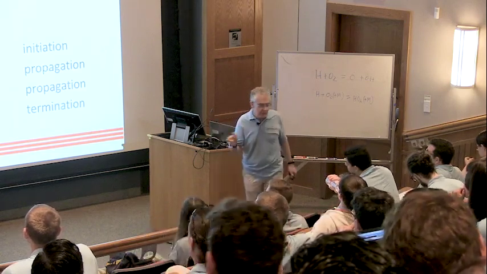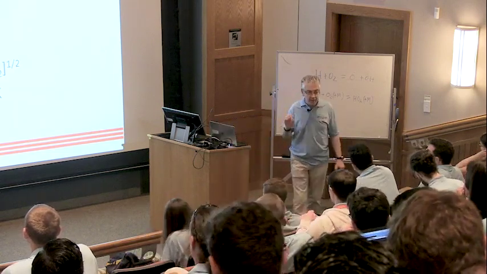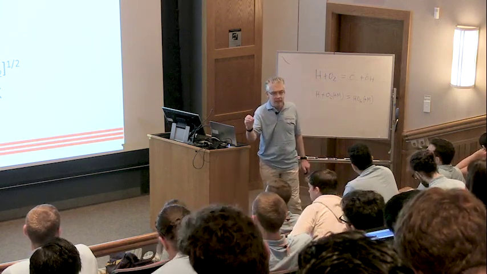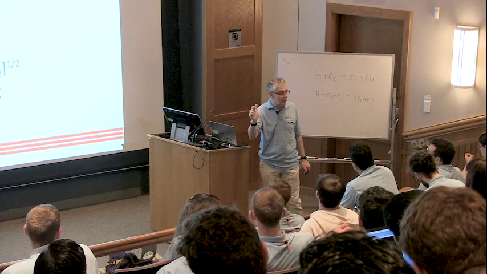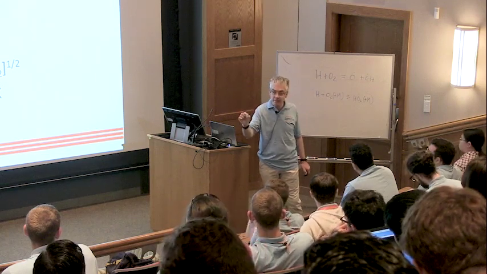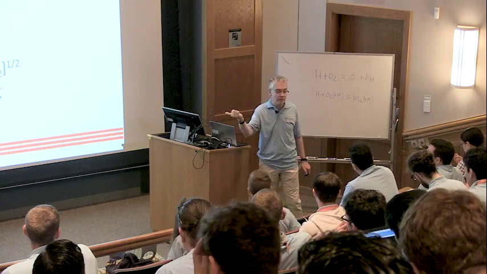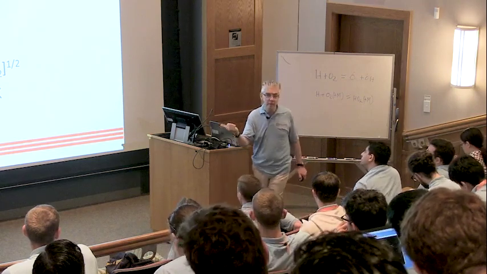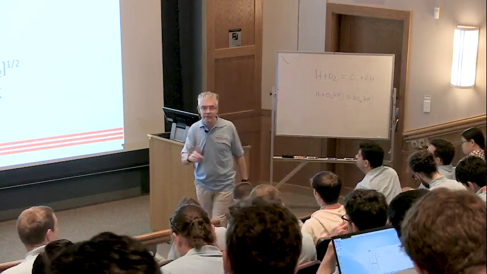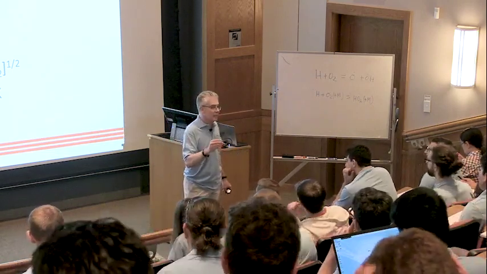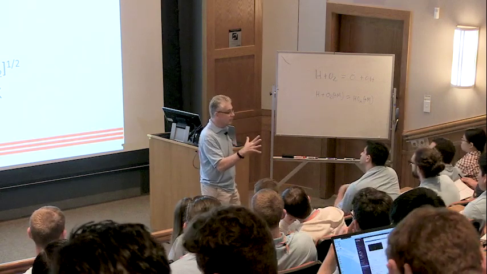Okay, I haven't got it, but I showed earlier H2 plus I2 giving us 2HI. That was second order. So the rate was equal to the rate constant times the concentration of H2 to the power of 1 times I2 to the power of 1. It was assumed for many years that that reaction was elementary. It's not. Okay? There's a mechanism for that.